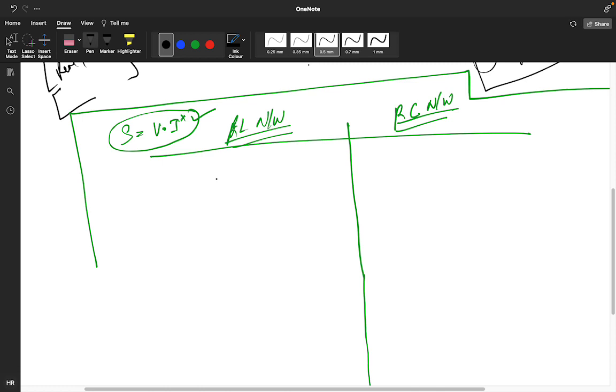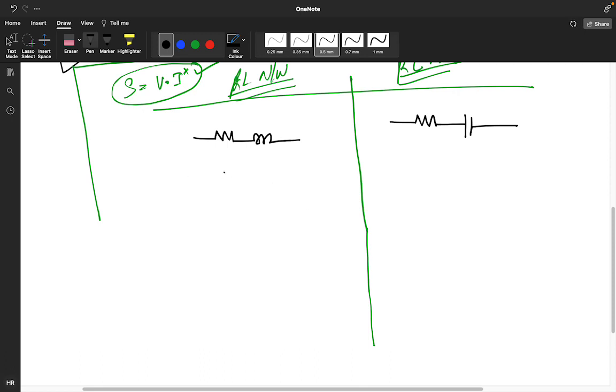So in an RL network, you have R and L, and in an RC network, you have R and C. In an RL network we have seen the equivalent Z like this: if the resistor is like this, the inductor will lead, your XL will lead. This is Z. One diagram was coming like this.